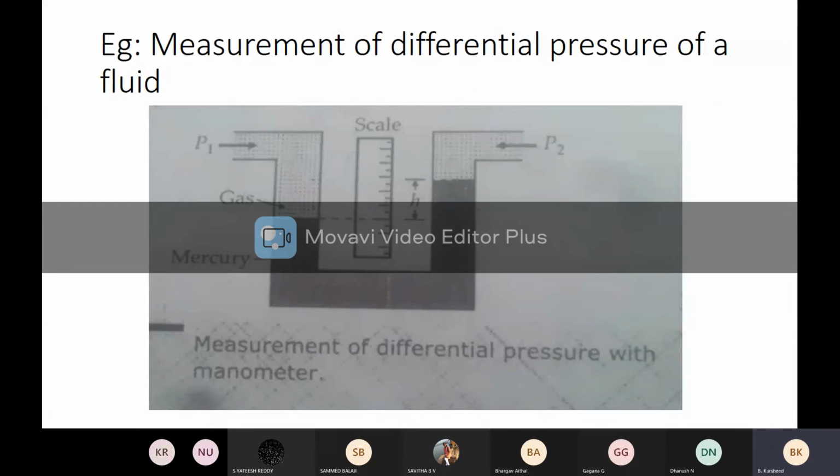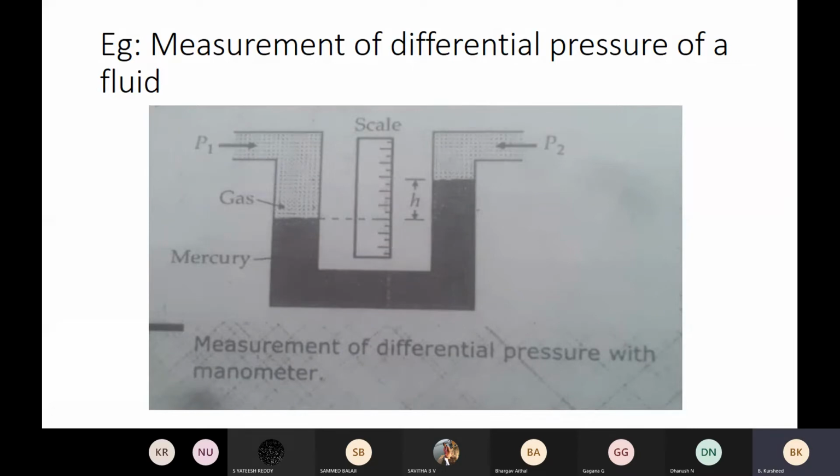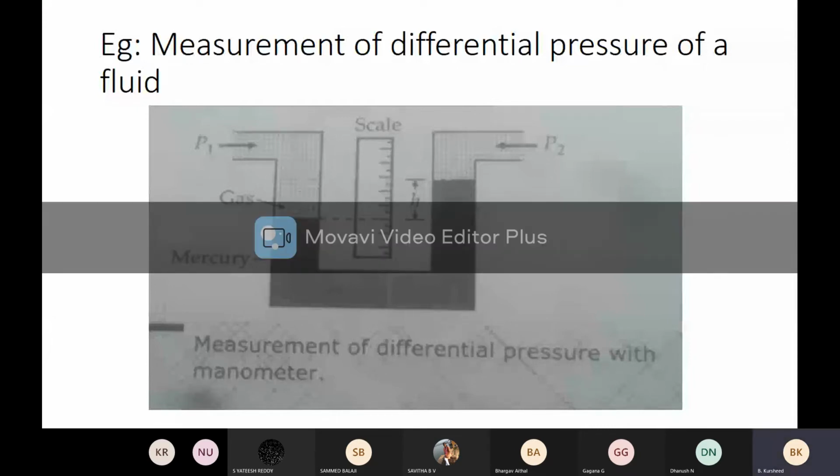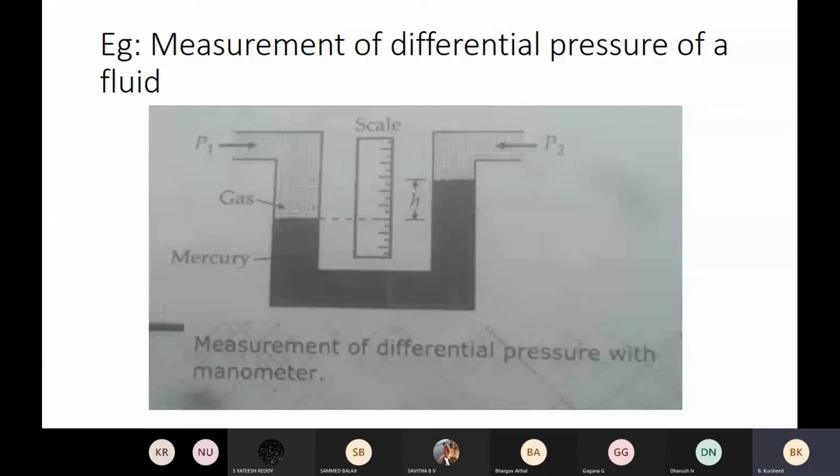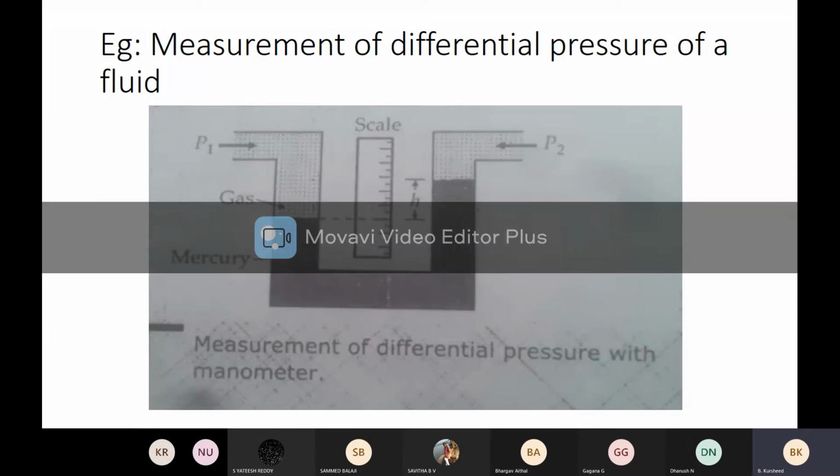But even if P1 is equal to P2, there may be some output instead of 0. That will be due to the presence of an interference input.